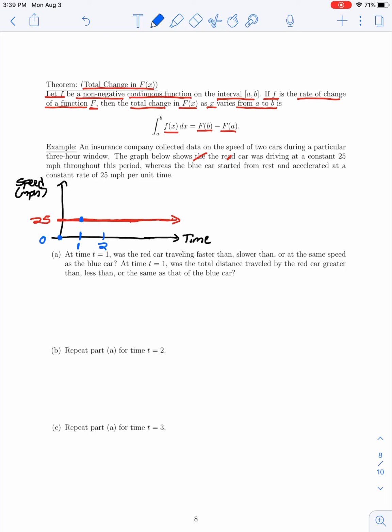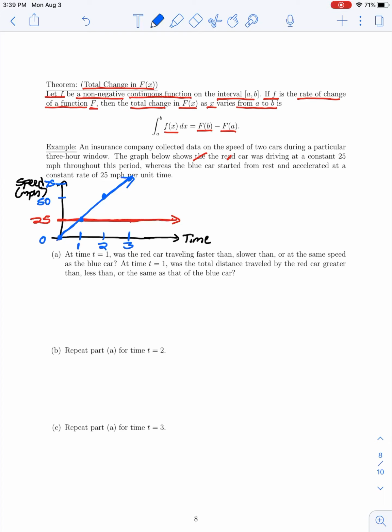At time 2, we would have 25 times 2, or 50. And at time 3, we would have 75 for our speed.